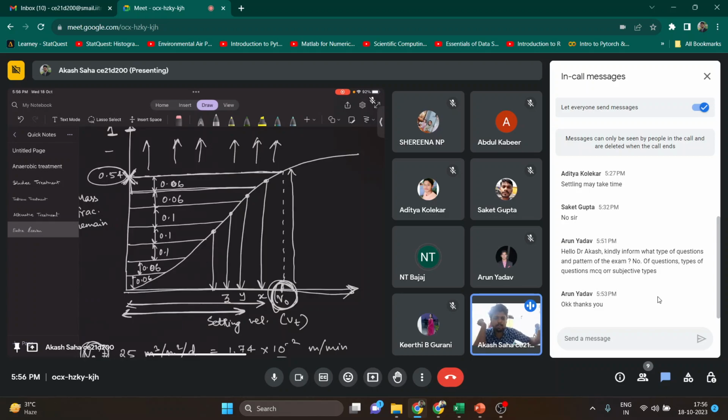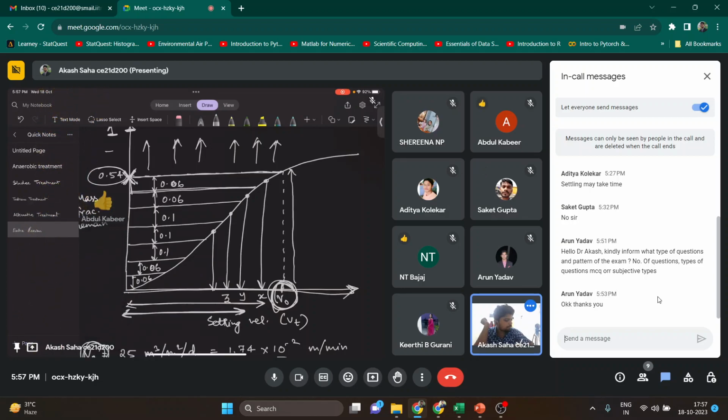So above the 0.54 fraction, everything will get removed. That's why I've written 1 minus 0.54. So that 0.46 mass of particles will definitely get removed 100%, but below this curve will get removed partially. So this was the assumption. I hope you understood it.